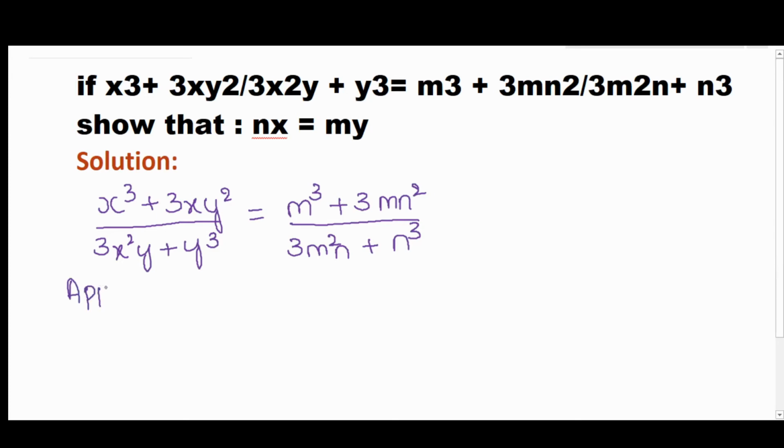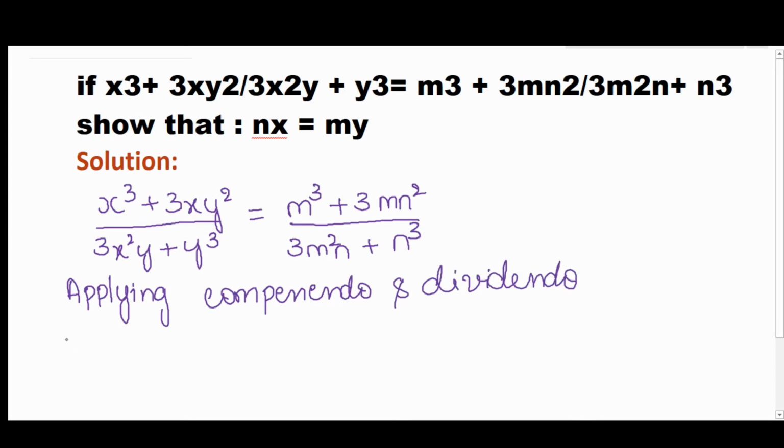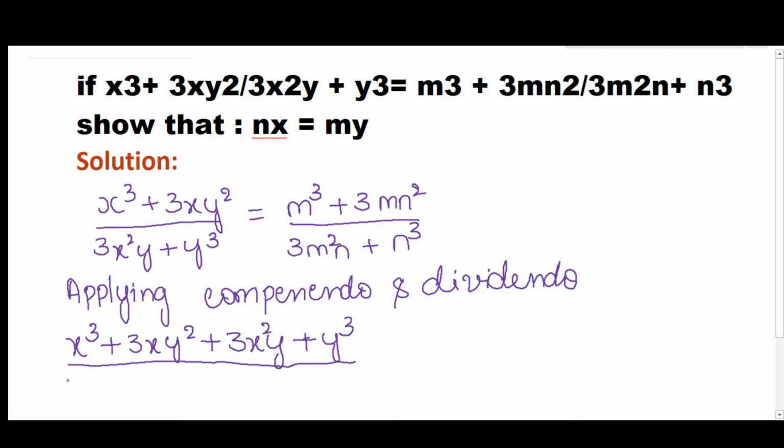So on applying componendo and dividendo, let's see what happens. You get x cube plus 3xy square plus 3x square y plus y cube, divided by, this is the componendo.